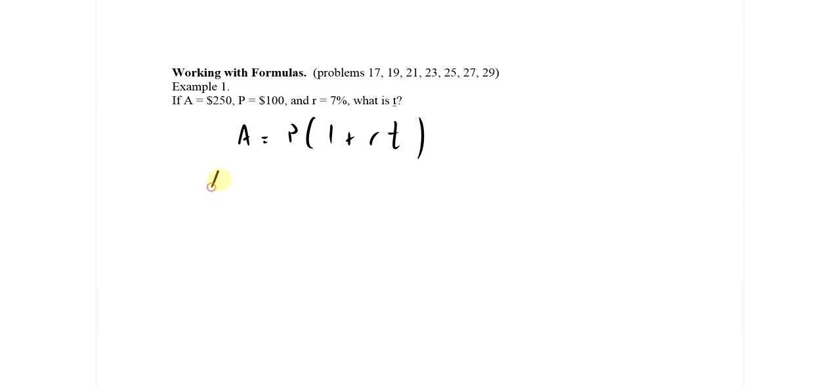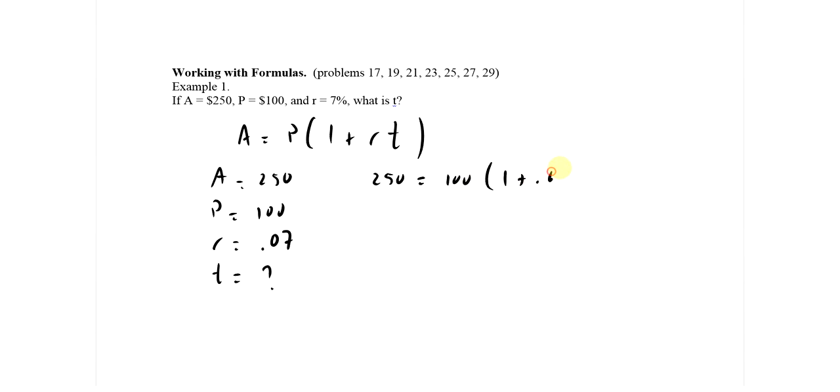What are my variables? I always like to write down my variables in a little column like this. What do I know? A is 250, P is 100, R is 0.07, has to be decimal, T, question mark, I don't know what that is. So 250 equals 100 times 1 plus 0.07T. If I distribute the 100, I get 100 plus 7T, or 150 equals 7T.